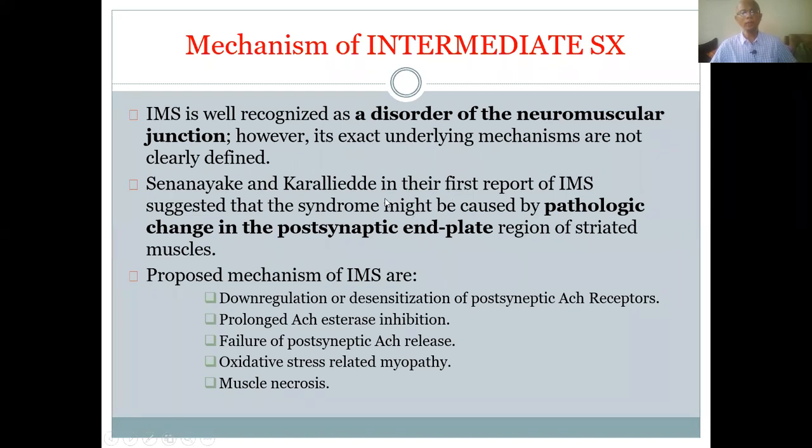The proposed mechanisms of intermediate syndrome are down regulation or desensitization of the postsynaptic acetylcholine receptors, prolonged acetylcholinesterase inhibition, failure of postsynaptic acetylcholine release, oxidative stress related myopathy, and there may also be muscle necrosis.